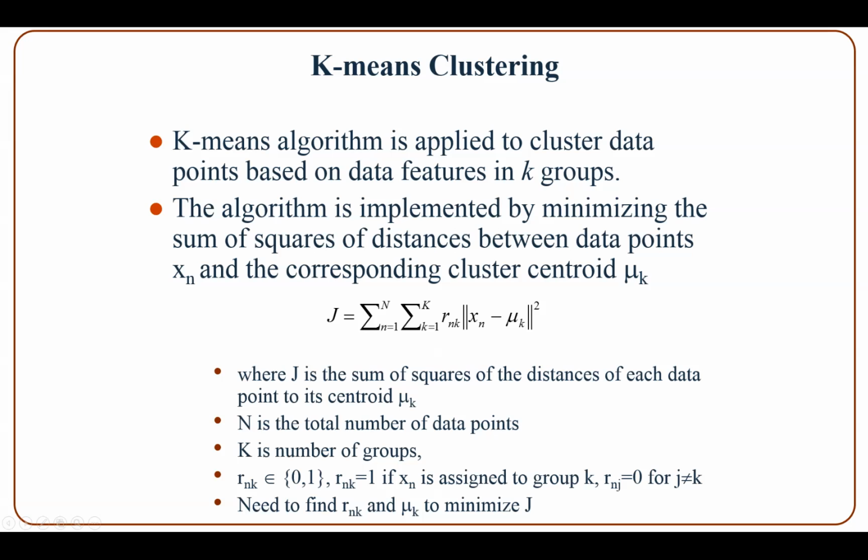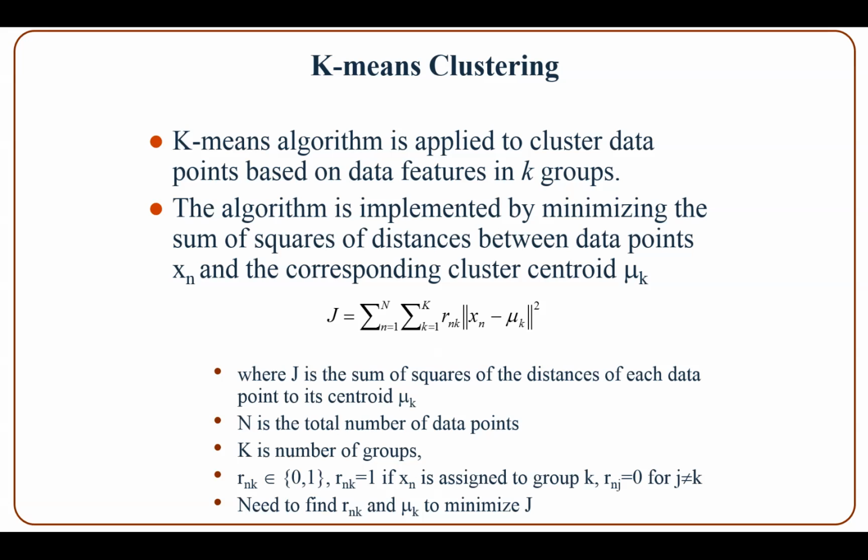In this formula, J is the sum of squares of the distances of each data point to the centroid mu_k. N is the total number of points, and K is the number of groups or clusters. r_nk can be 0 or 1.